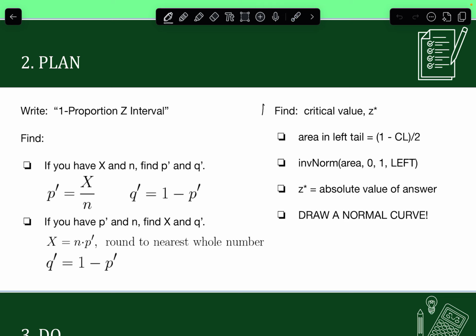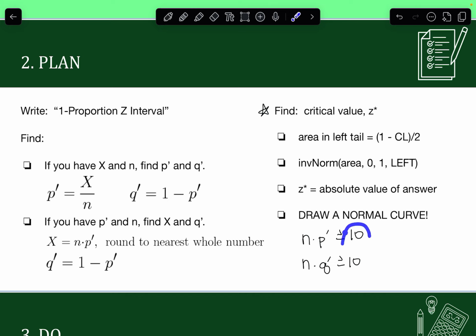In order to use this distribution, we are assuming that n times p prime and n times q prime are both greater than or equal to a lower limit. Some books say 5, some books say 10. 10 is more conservative. I prefer the 10 just because that's what the AP test uses, and I teach AP in addition to this course.